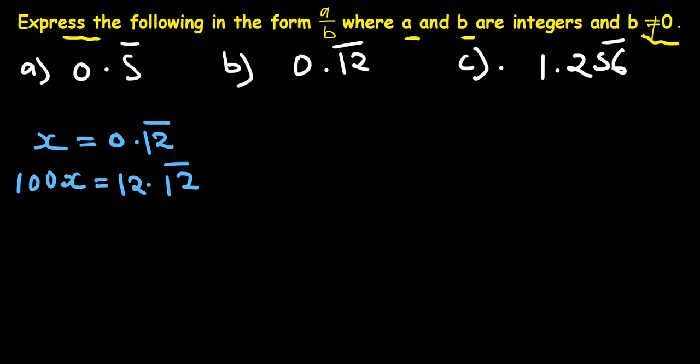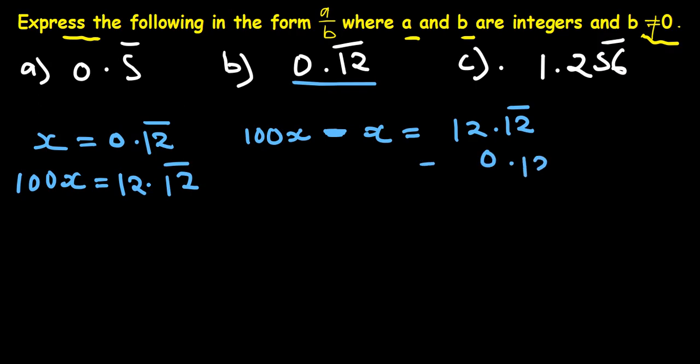So how are we going to turn this into a fraction? We are just going to say 100x minus x is equal to 12.12 bar minus, okay, what is the value of x? It is just 0.12 bar.